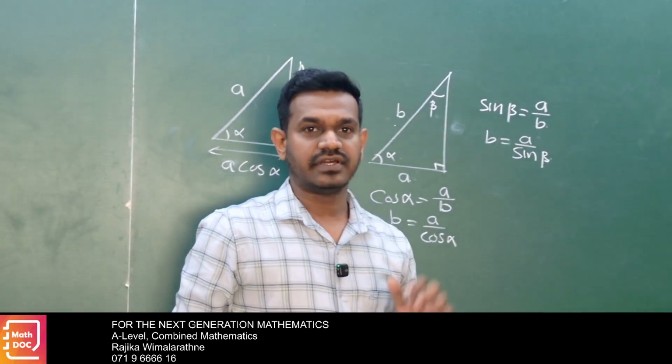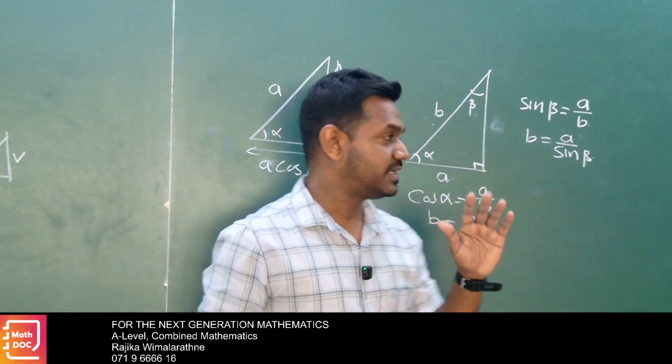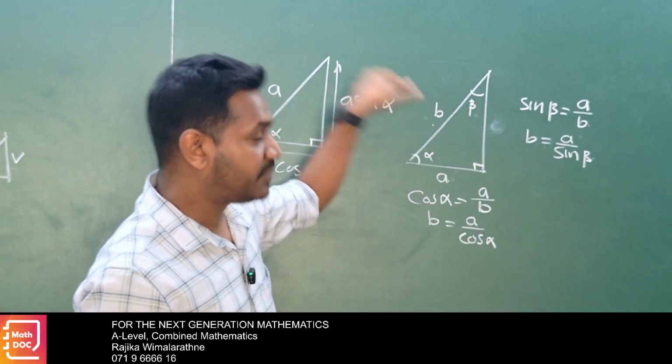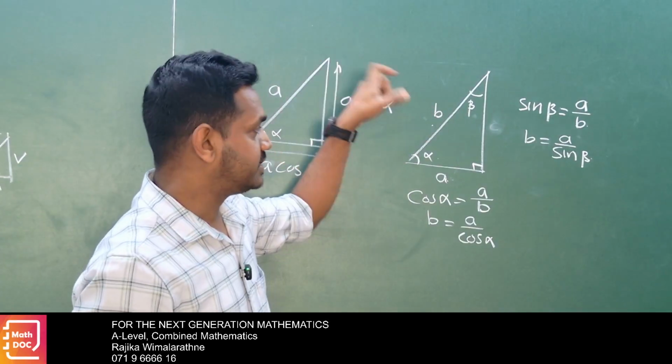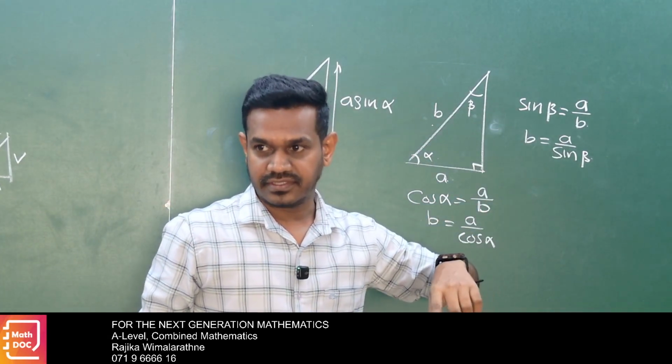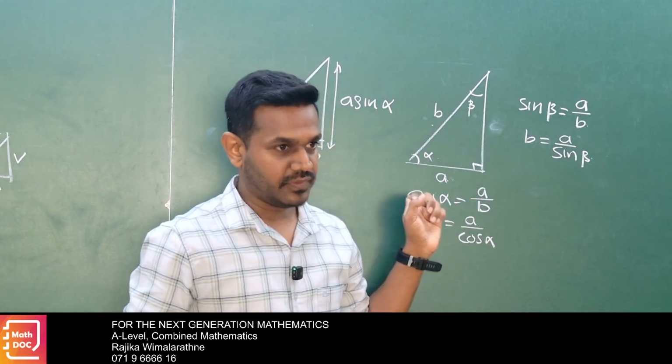So if we need to resolve to the hypotenuse, we can just write A cos alpha or A sine alpha. But if we need to resolve to the hypotenuse, then we have to divide by sine alpha or cos alpha. So we have to consider both.